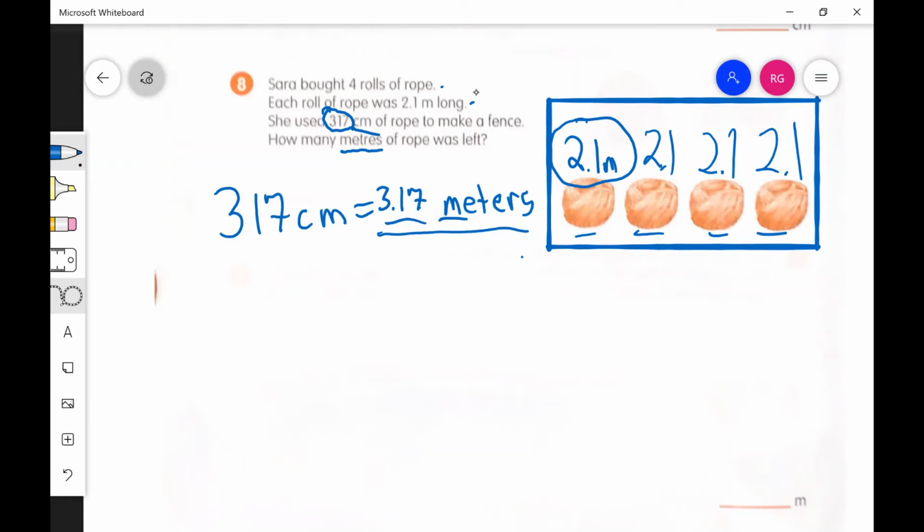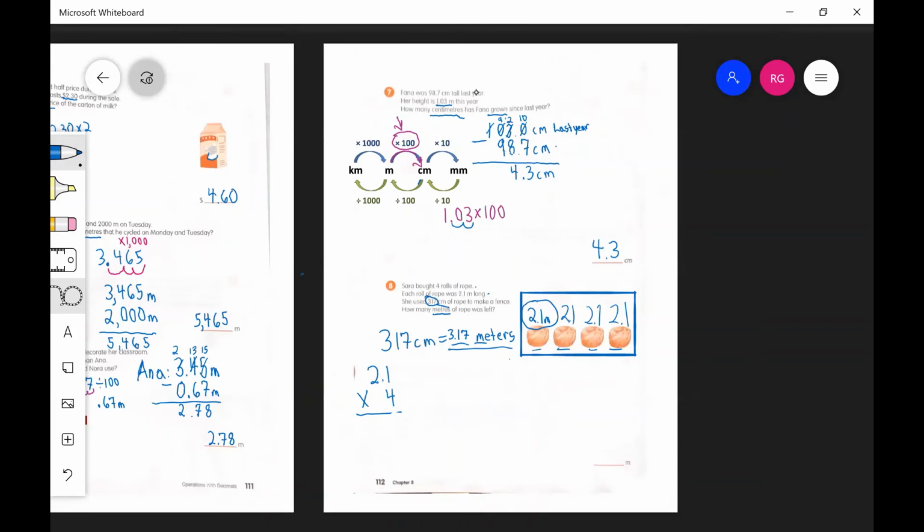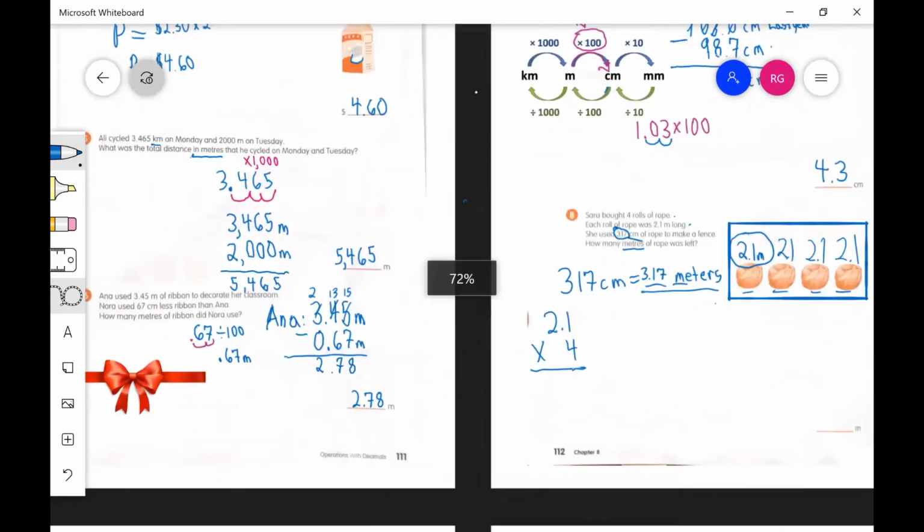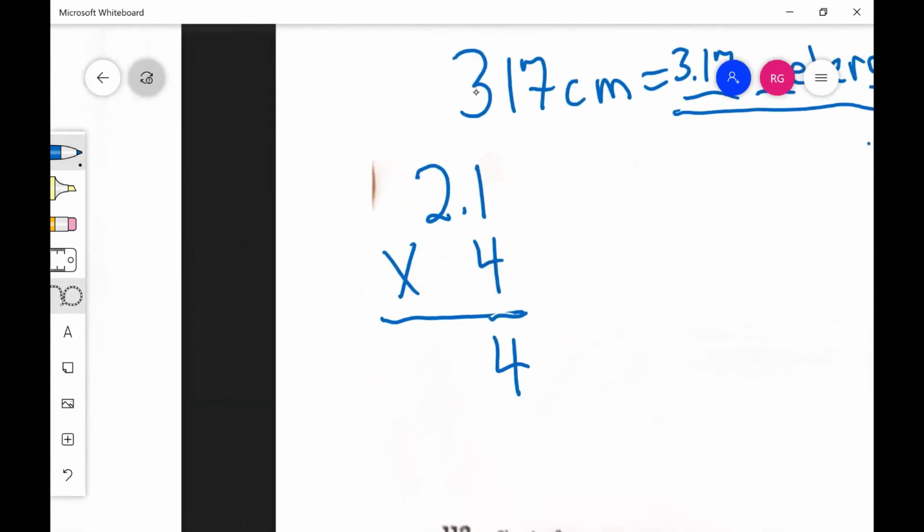We can do that in our heads, right? 2.1. Really, we're taking 2.1 and doing what? Times 4. Okay, and we should get what for our total rope before we subtract? We should get 4 and then 8, so that'd be 8.4 meters, right?